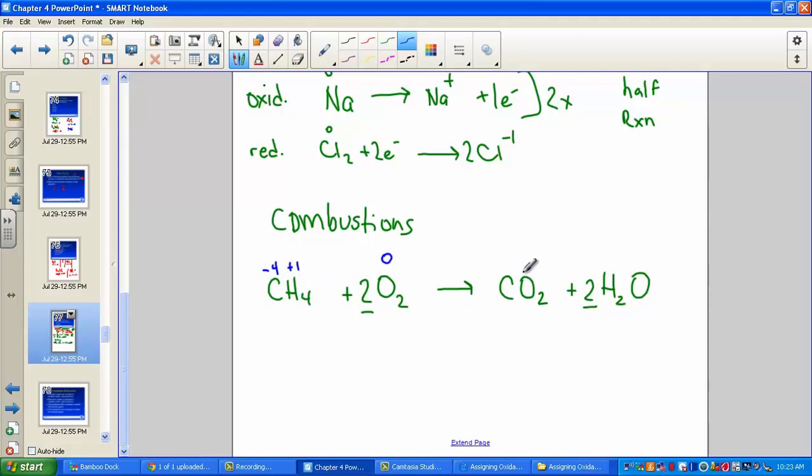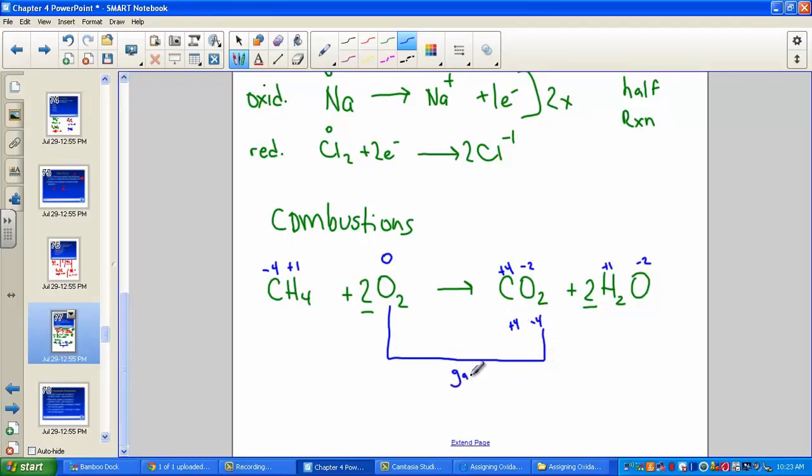How about on this side? Oxygen's always a -2 unless it's a peroxide, but it is not here in this carbon dioxide molecule, giving me a total of -4. So carbon must be a +4. Hydrogen's +1, oxygen -2. So what has changed? Well, right away I noticed that oxygen started at a 0 and became more negative.